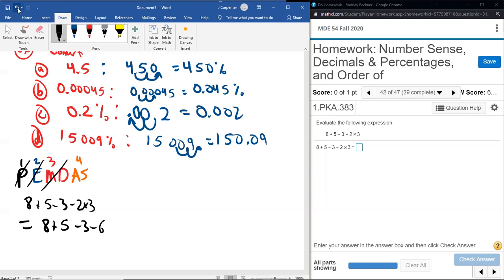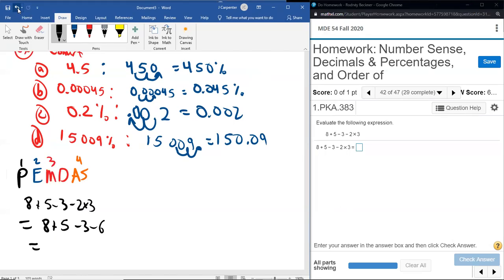But step 4, the additions and subtractions. We do not do the addition first because it's an addition. We do it first because it's furthest to the left. So we just do all of these in the order seen from left to right. I actually wish that the first one was a subtraction and then an addition so that we'd be doing a subtraction first. But that's the fun of randomly generated problems.